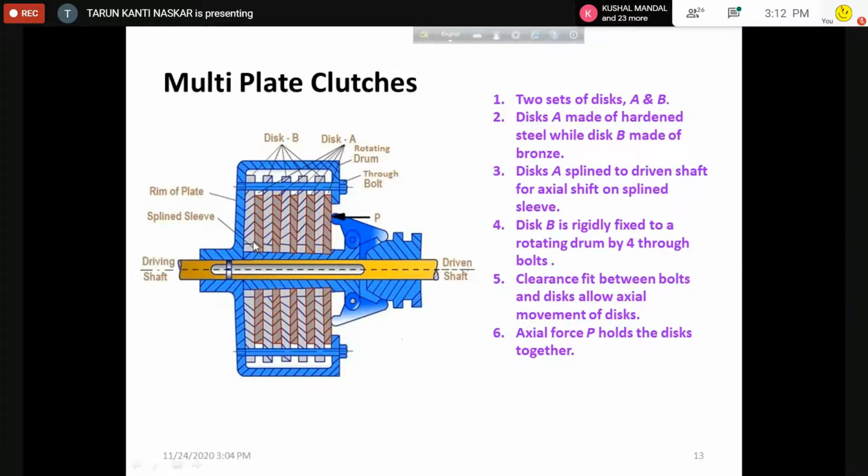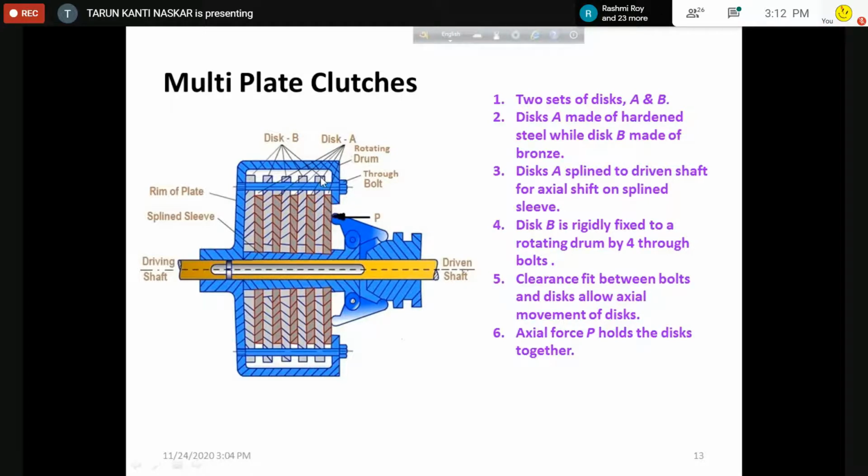So for multiplate clutch, you see there is a friction surface here, and here also. So for disc A on both sides, and for disc B also on both sides, there is frictional lining. Now what is the arrangement here?